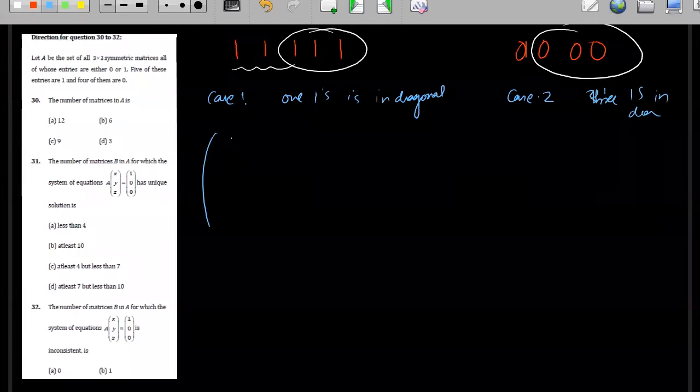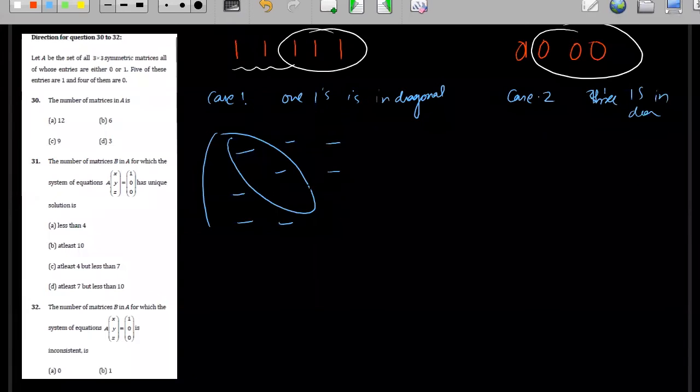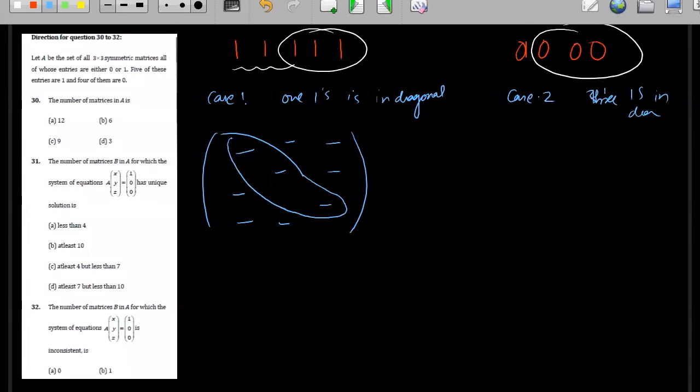You won't write this much. Now you have 3 places here, 1 2 3, 1 2 3. Now see, only one 1 is in the diagonal. So how many options do you have? Either you can fill here, or here, or here.